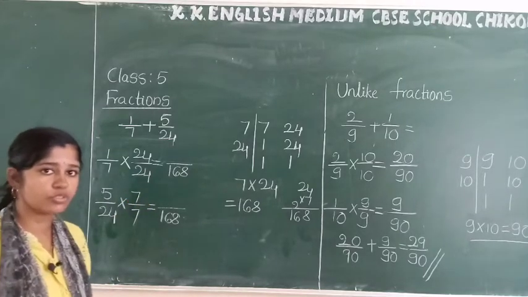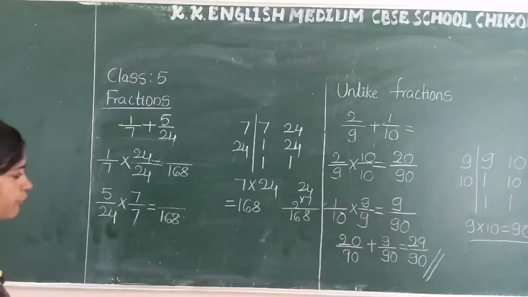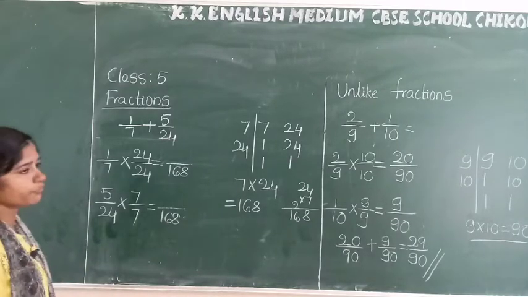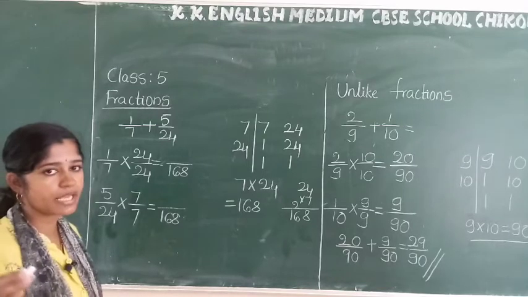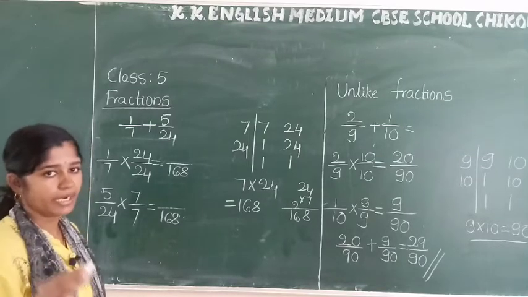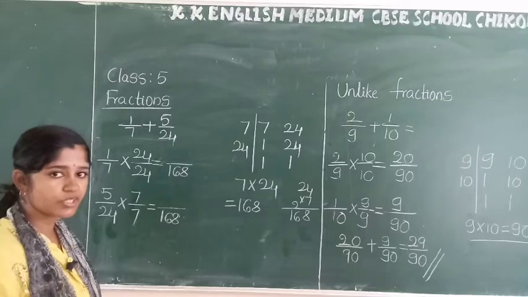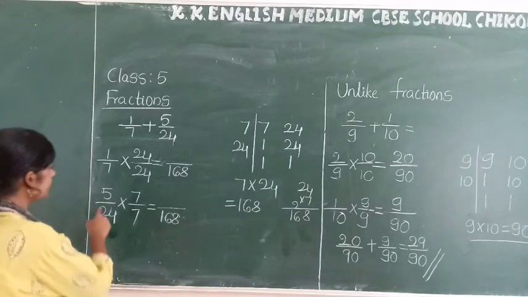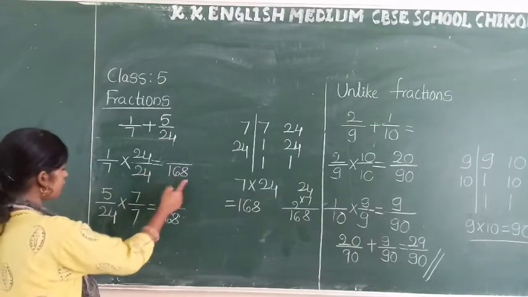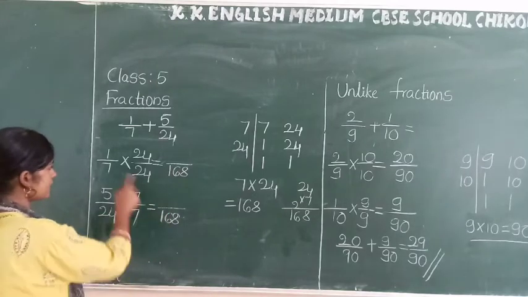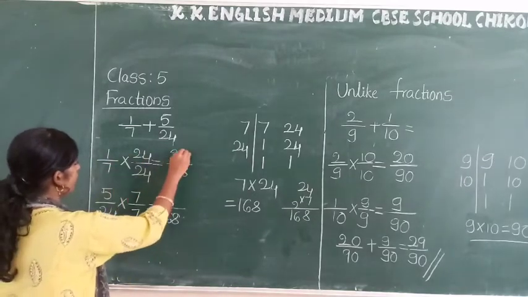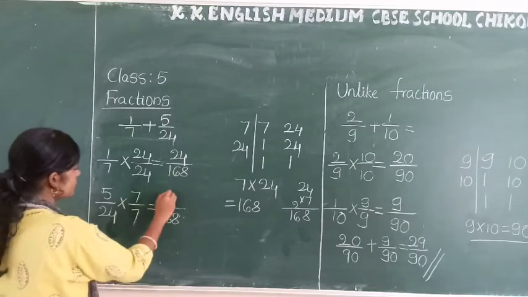So you must and should learn the tables. If you know the tables, you can solve the examples very easily. Therefore in mathematics the 4 operations are very important: addition, subtraction, multiplication and division. Then multiply: 7 24s are 168, 24 7s are 168, 1 24s are 24 and 5 7s are 35.